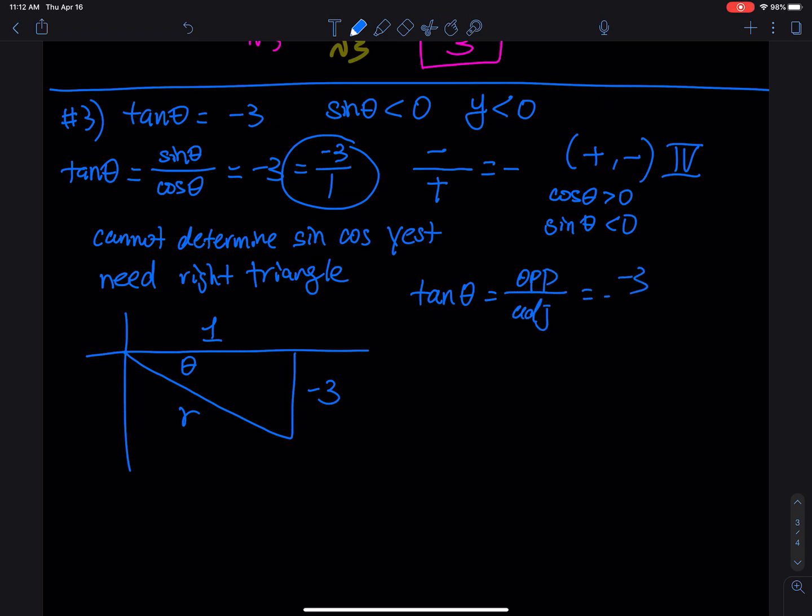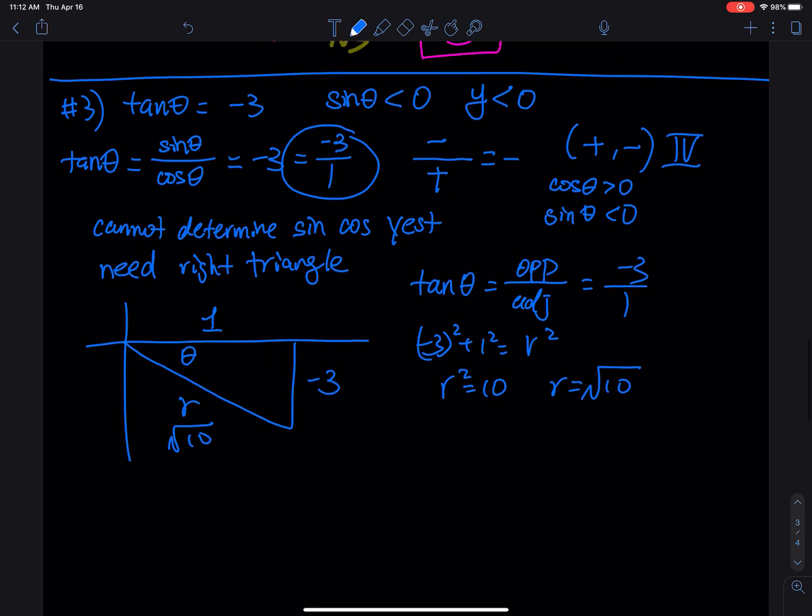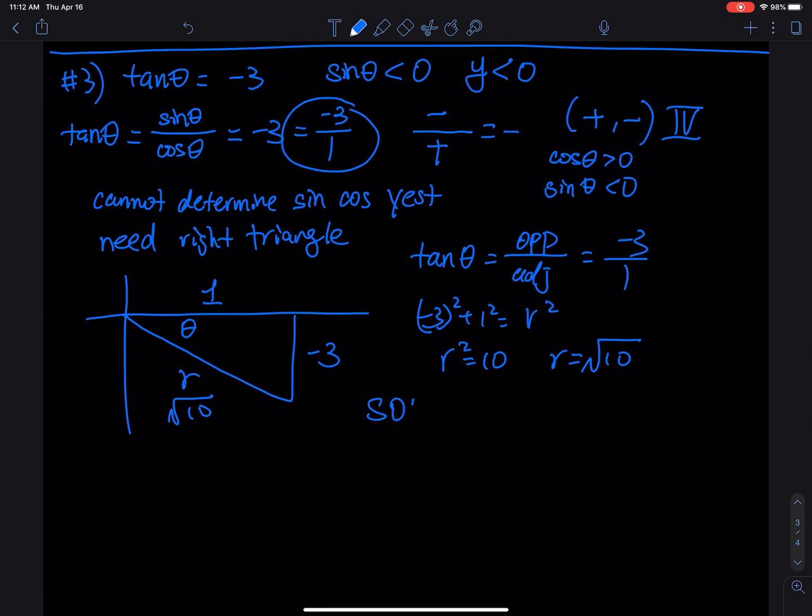So -3 divided by 1, and then we have to find the r. So -3 square plus 1 square equals r square. So 9 plus 1, r square equals 10. So r equals root 10. Then we use right triangle trigonometry. That is called SOHCAHTOA.